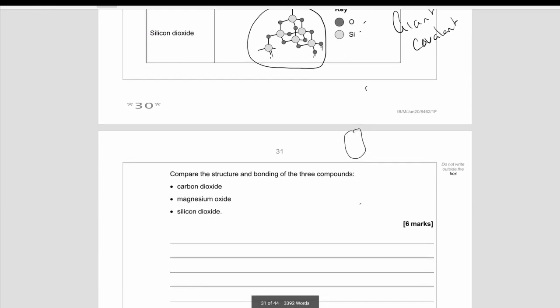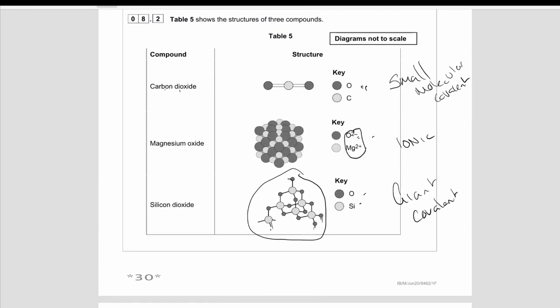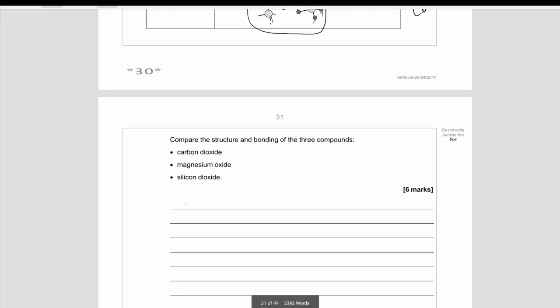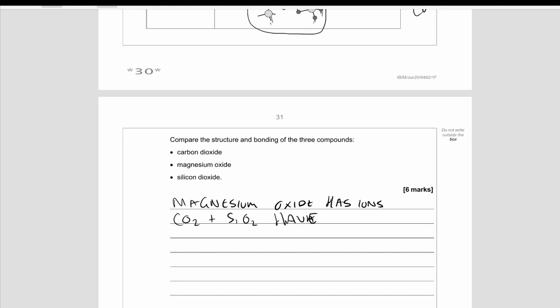So let's make that our first point. We're going to mention that magnesium oxide has ions, and carbon dioxide and silicon dioxide have atoms.